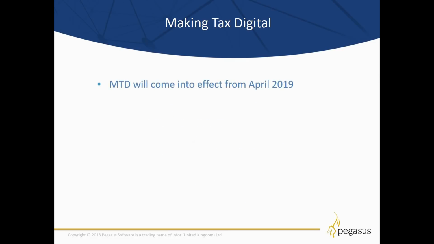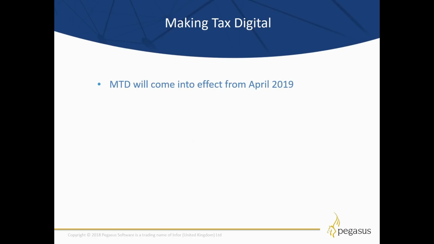So, let me take you through what those implications are and how you should look at planning for these changes. An interesting statistic from HMRC is that 87% of all VAT returns are submitted using HMRC software. This is predominantly via the HMRC online legacy system, which allows users to log in and manually enter their VAT figures.